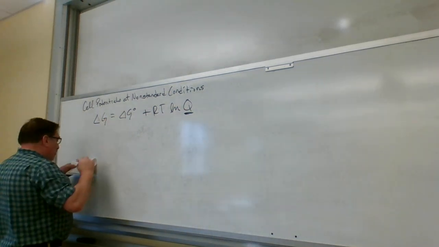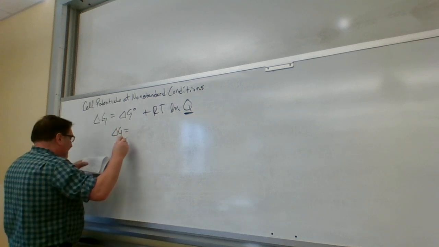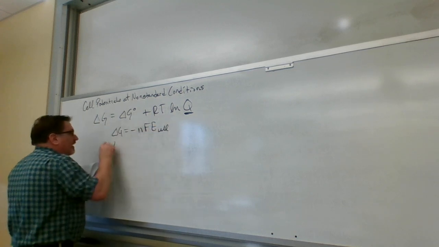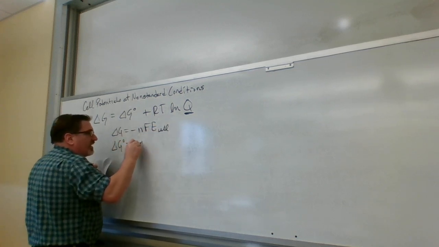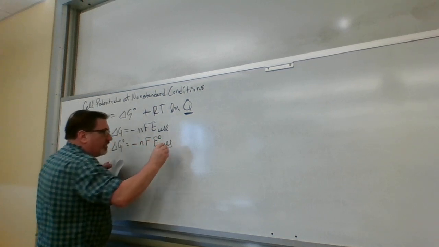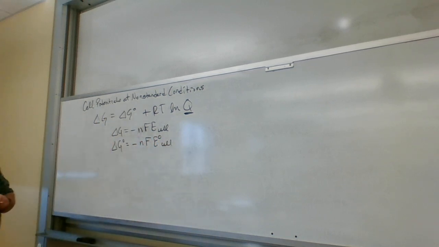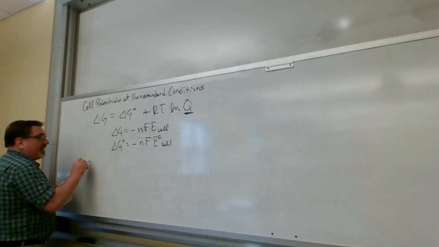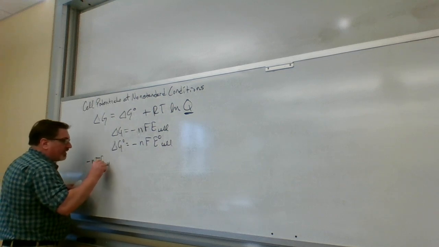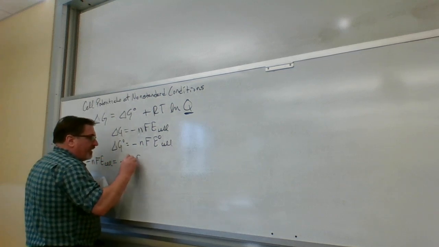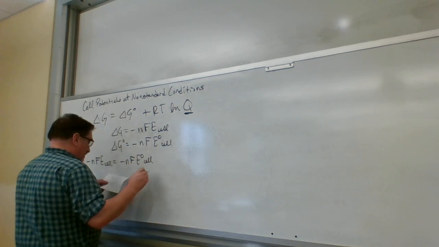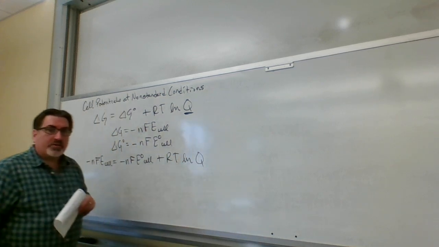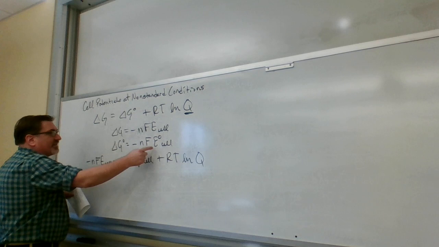So we had this. We also know that delta G is minus NFE, and delta G0 is minus NFE0 for the cell. So we're going to plug those in up here. So we got minus NFE cell equals minus NFE0 for the cell plus RT times the natural log of Q. We just plugged in these two values with this stuff up here.